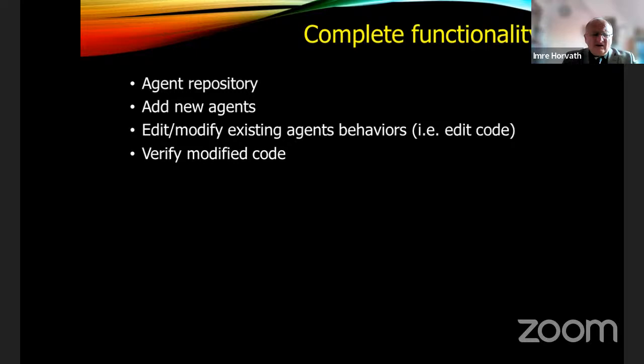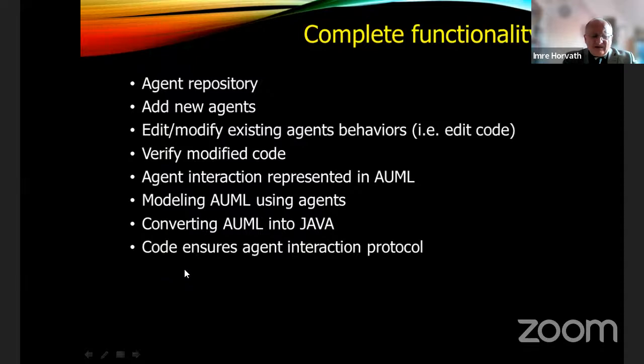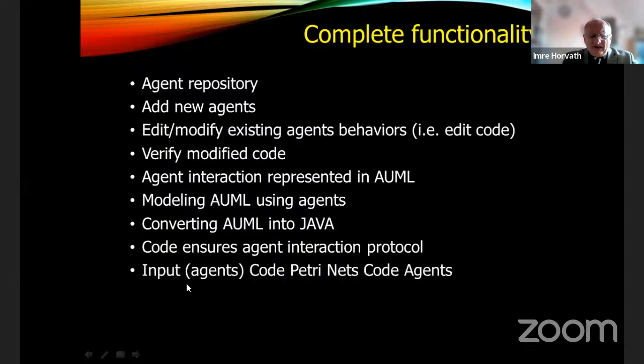So the complete functionality, just for the sake of comprehensiveness: agent repository, add new agent, edit, modify existing agent behavior, verify modified code, agent interaction, then new agent introduction, converting the code generated in agent UML into Java code, and the code ensures agent interaction protocol, and input agents can be, for instance, visualized by the Petri net code agent.